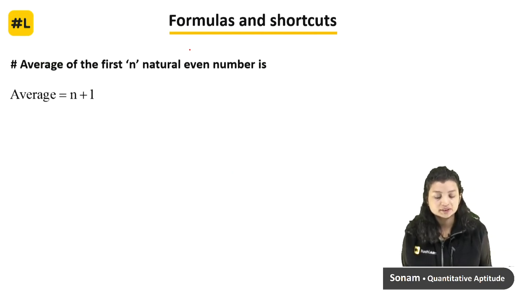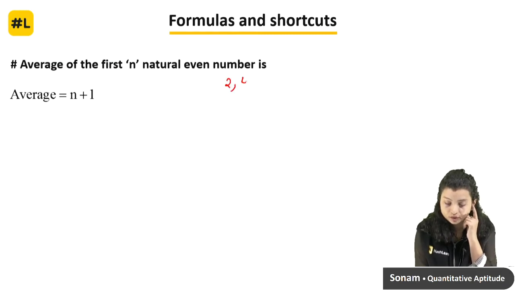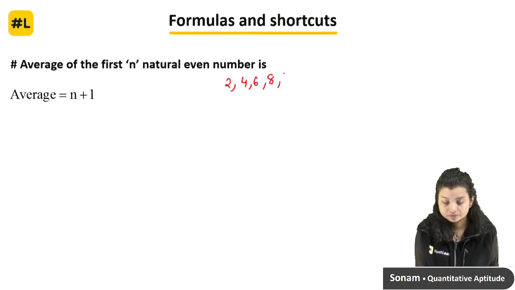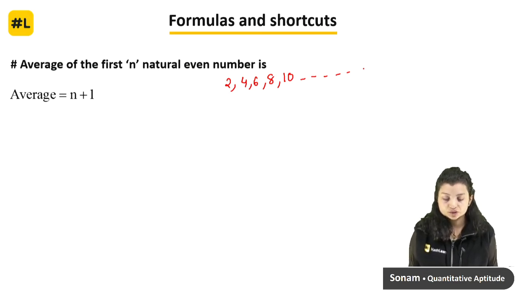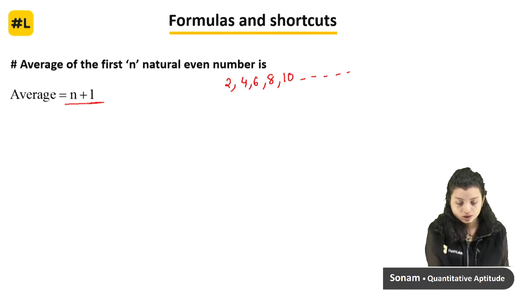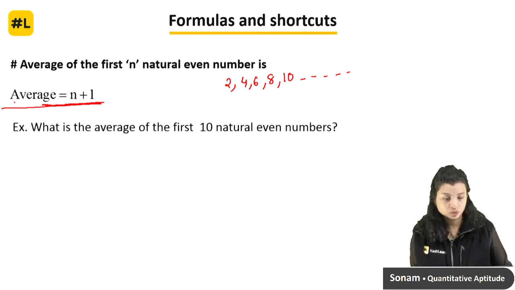Okay, average of first n natural even numbers. So even numbers means you have to do only for numbers like this, correct? So if they ask you to find the average of first 10 natural even numbers, the formula will be n plus 1. Okay, try to do this one.